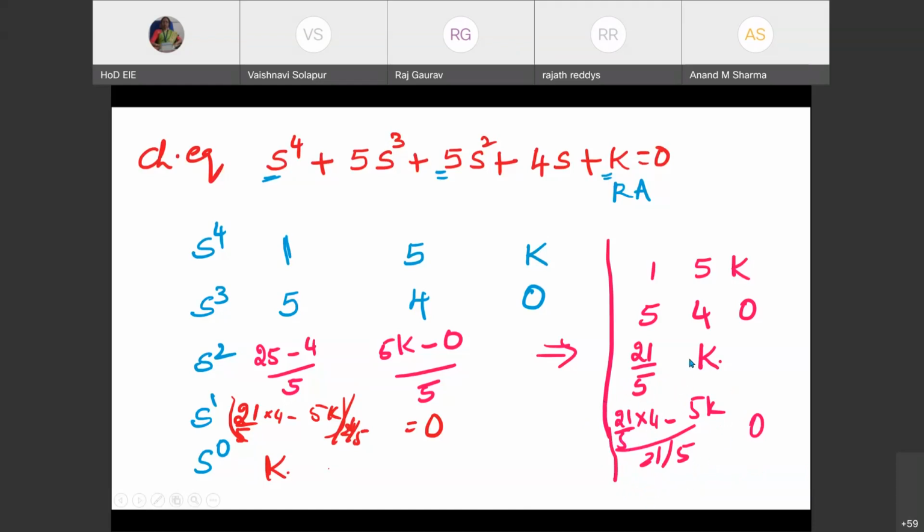Then c into k minus 0 into 21 by 5, divided by c, gives me nothing but k. Because to get this, I have to consider these two rows: multiply this element with this, minus this into this, divided by this element. So this element cancels and only k is left. There should not be any problem in understanding this.